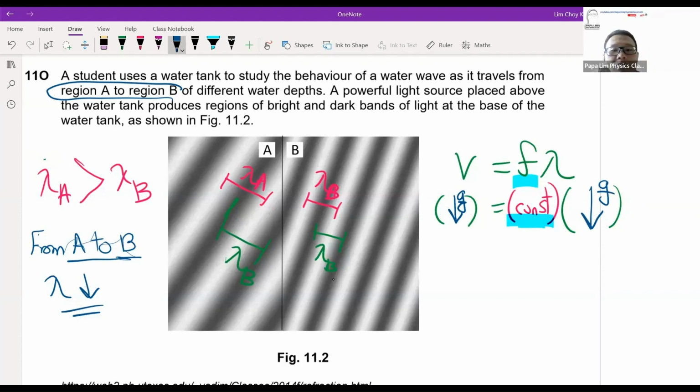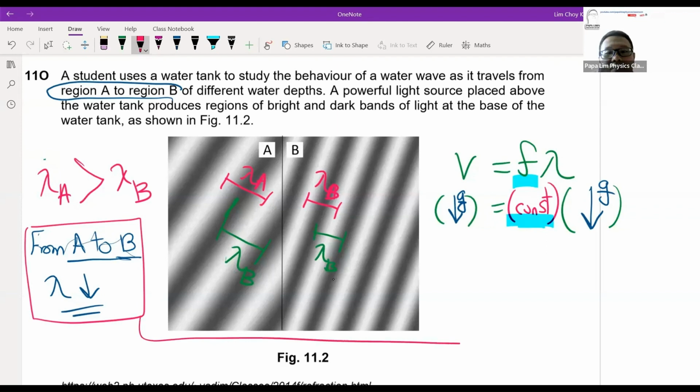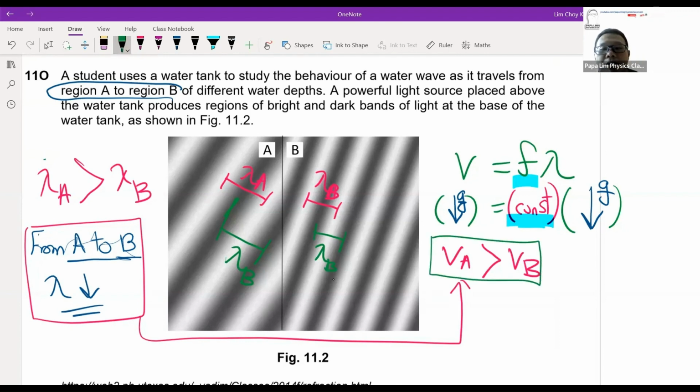So I will be able to derive that the speed at A is faster than the speed in B. With the difference in speed, this allows us to draw one more conclusion.